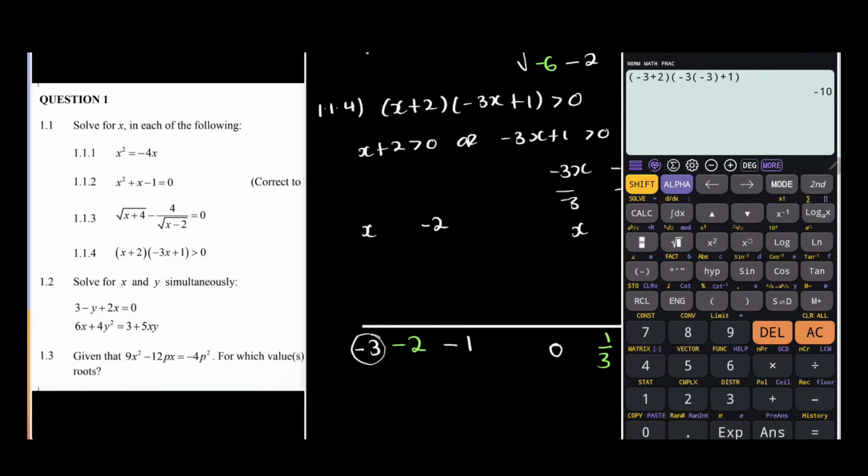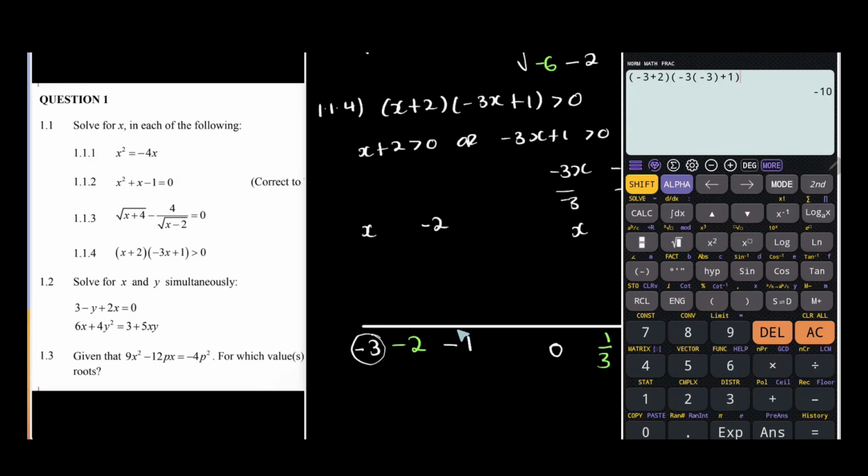As you can see, it gives you a negative 10. So it's not working for negative 3 because negative 10 is not greater than 0. It's less than 0. So it's not working for numbers that go this way, that are less than negative 2.